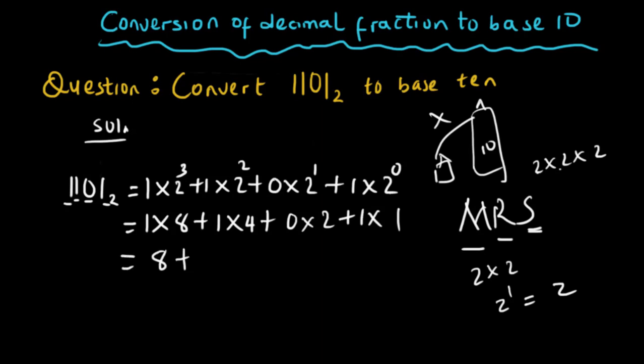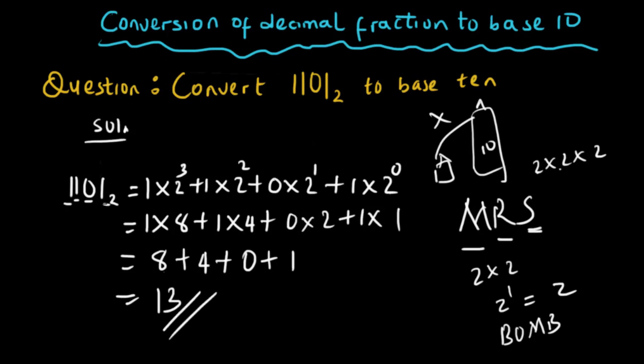Plus 1 times 4 is 4. Plus 0 times 2. Remember, I say when 0 is multiplying anything, it's like a bomb. So 0 times 2 is 0. Plus 1 times 1 is 1. 8 plus 4 is 12. 12 plus 0 is 12. 12 plus 1 is 13. So this is the answer. 1101 in base 2 is 13 in base 10.